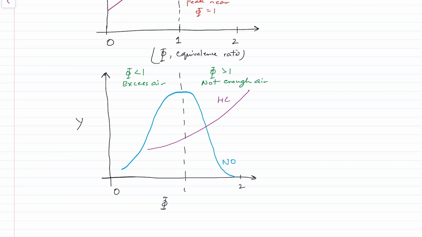When there is excess air, there's actually complete combustion occurring. So pretty much carbon monoxide is 0 till that point, but then it starts to take off.